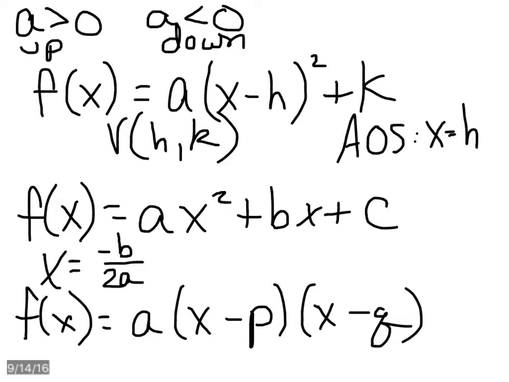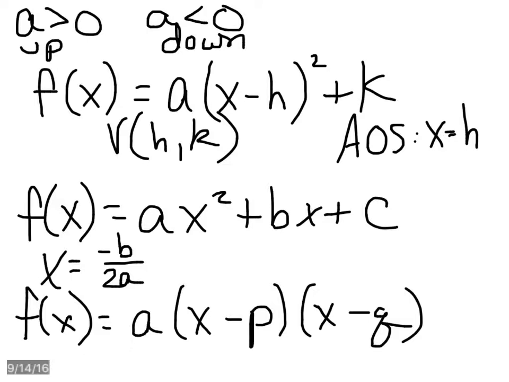What's the x coordinate? I asked you for 2 things on the graph. The axis of symmetry and the vertex. What's the x coordinate the same as? No. It's the axis of symmetry. The x coordinate of the vertex is always the axis of symmetry. That's the one line that goes right down the middle.